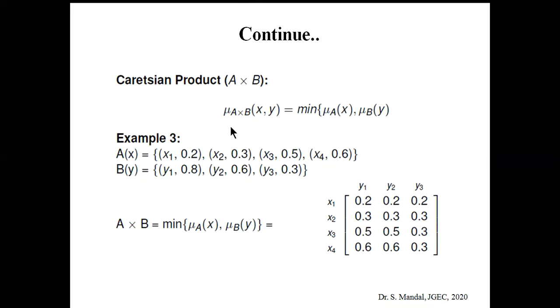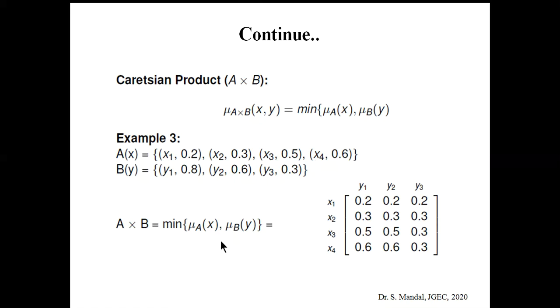Now if we take the Cartesian product between A and B, denoted by A cross B (x, y), that is nothing but the minimum of mu A(x) and mu B(y). Whenever we want to write down the Cartesian product A cross B, it can be expressed in terms of a matrix. So how can we represent that matrix?